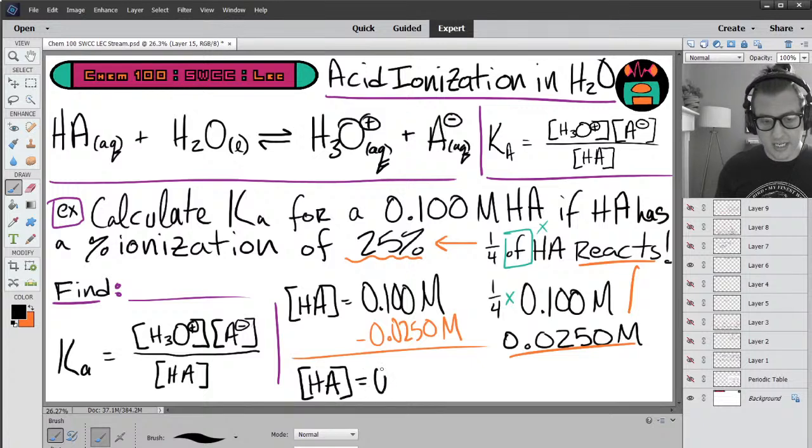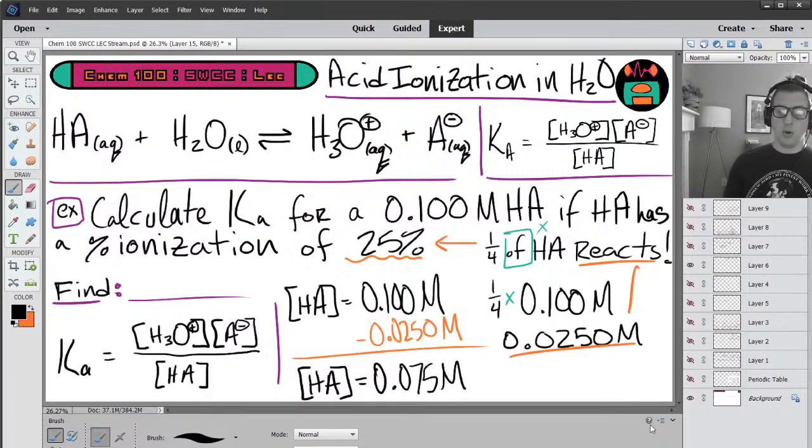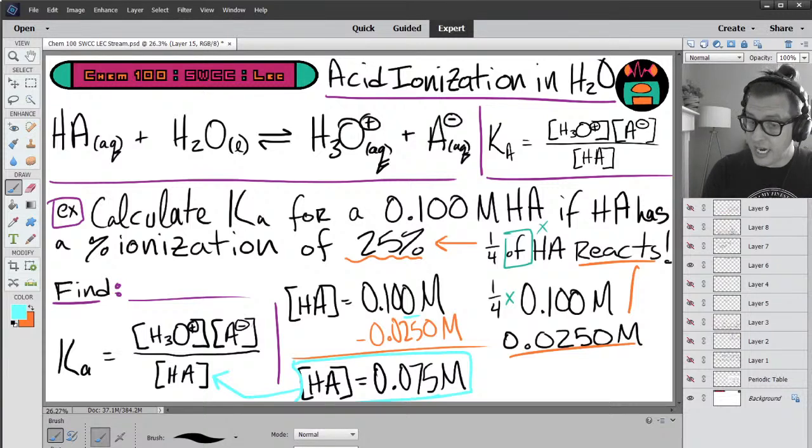All right, HA is 0.075 molar. And our last sig fig, you'll notice, is right here. So we only have 2 sig figs for HA. All right, that is the amount that we will be plugging in right there. So that's our concentration of HA.